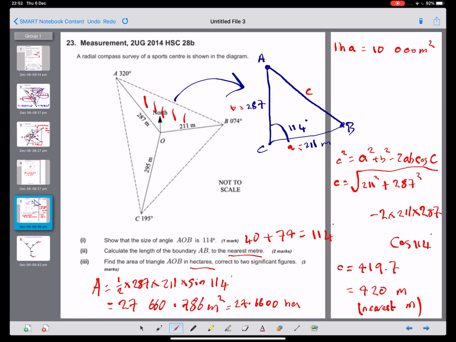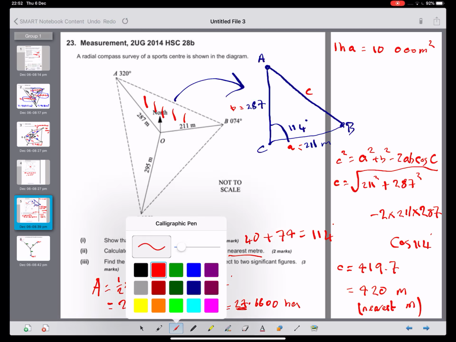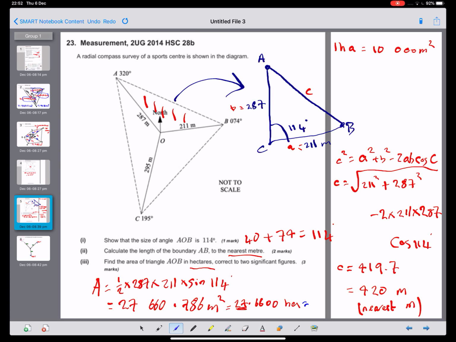Well, this to two significant figures is going to be 28 hectares. I'm going to write that in blue. 28 hectares, two significant figures. Okay, so I hope that's pretty straightforward. Nothing too complicated there.